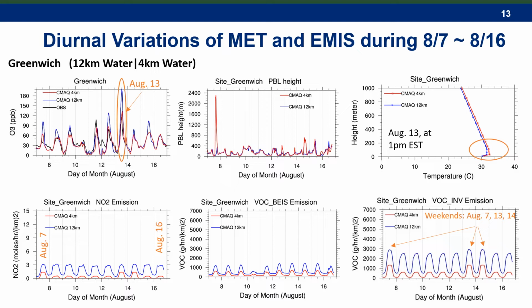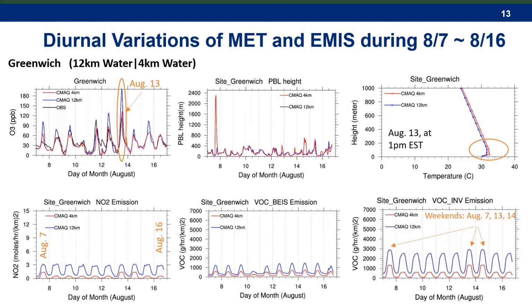The top right panel shows the air temperature profile from surface to 1 km at 1 p.m. on August 13. The bottom 3 panels show total NO2 emissions, total VOC from biogenic emission, and total VOC from anthropogenic emission during the time period.